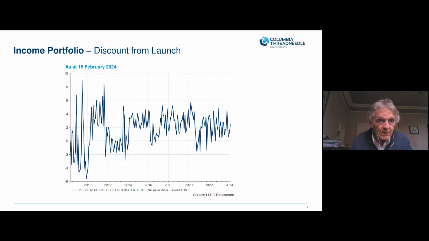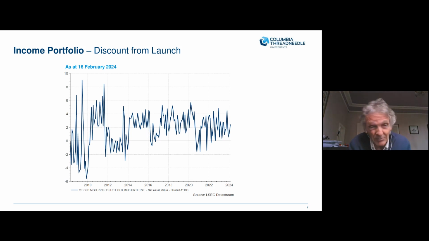So this is a picture of the income portfolio, and since launch, and we launched in April 2008, so coming up for 16 years, and you can see here that we keep the share price in a pretty close, tight band, round about par or premium of 1 or 2, discount of 1 or 2.